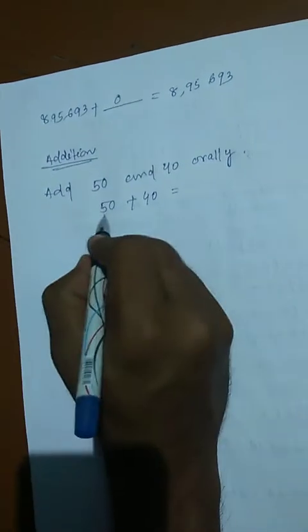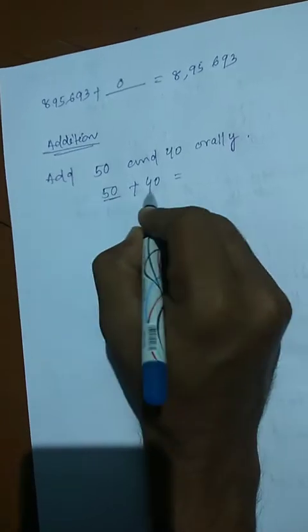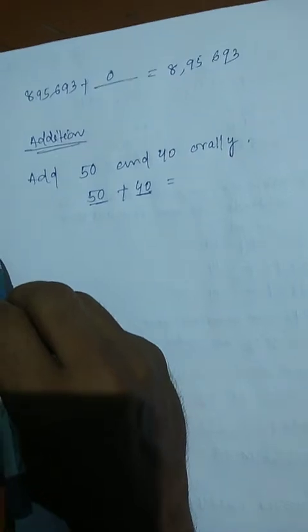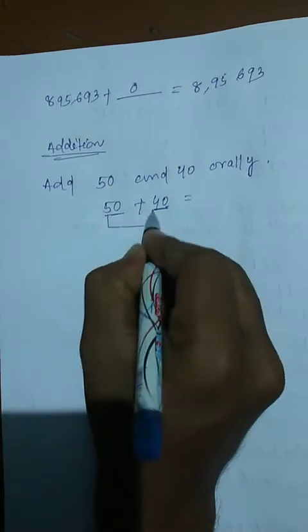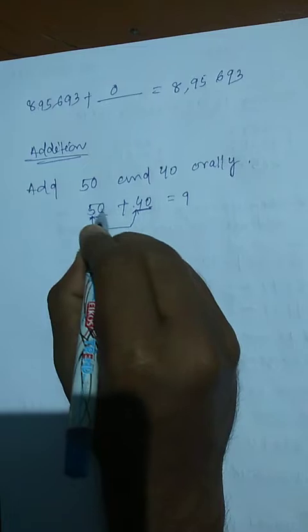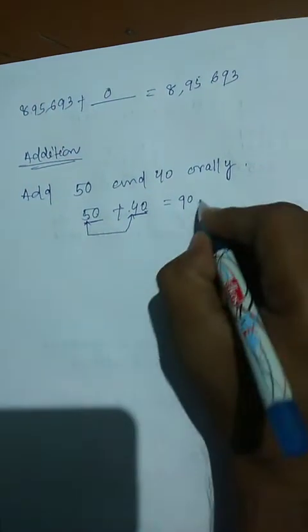Here 50 has 5 tens, and 40 also has tens. The zero is on the right in the addends and hence in the sum. So first 5 plus 4, which is 9. Then 0 plus 0, which is 0. So likewise you will do.